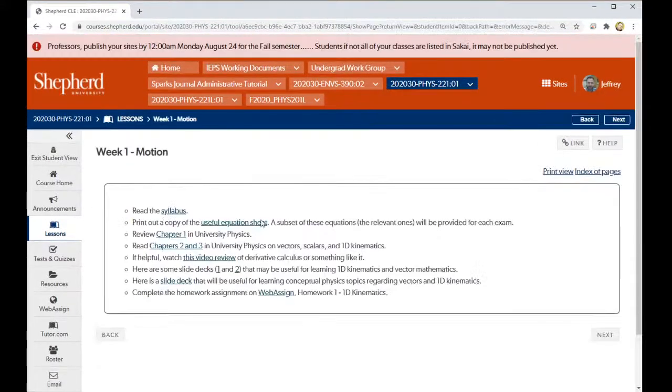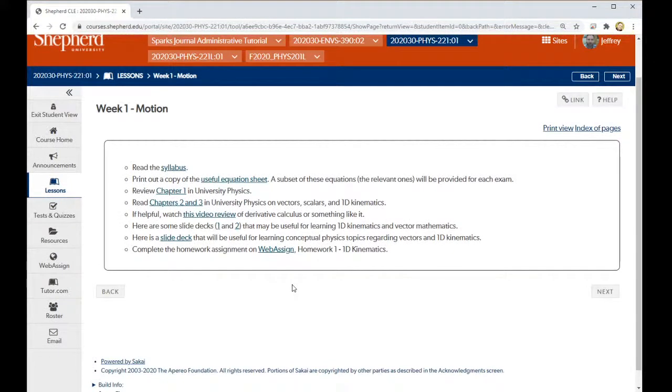If you click week 1, I've put some bulleted statements here which help guide you and remind you of what you should be focusing on that week. There are some links in here, a link to the syllabus, a useful equation sheet. It's good to have a printout of it when you're doing your homework and studying.